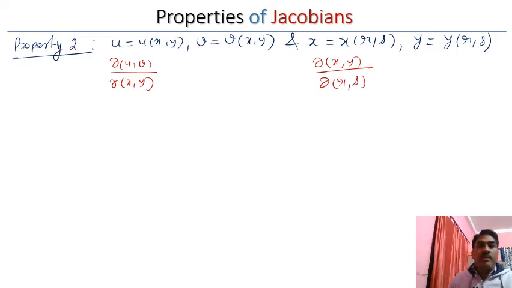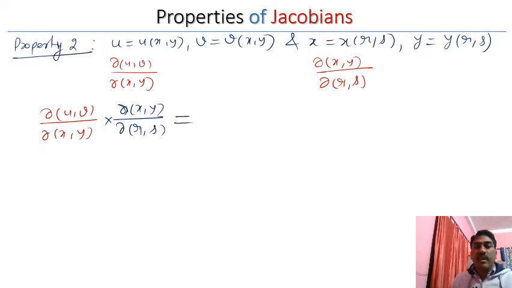So the property is that the Jacobian of uv with respect to xy into the Jacobian of xy with respect to r and s is finally the Jacobian of uv with respect to r and s. So this is the next property, and this is also called chain rule property.